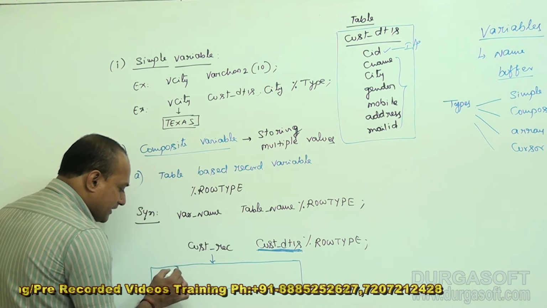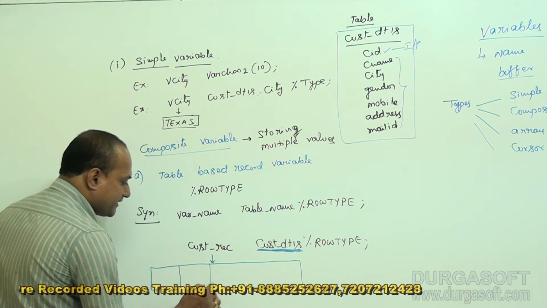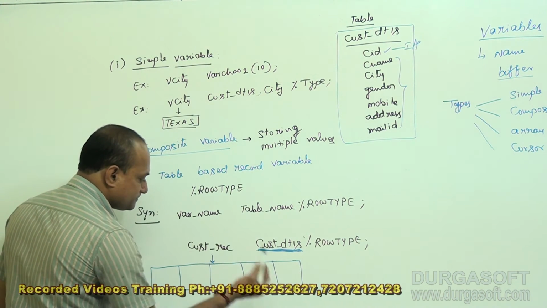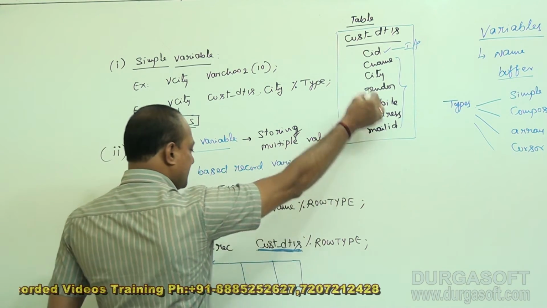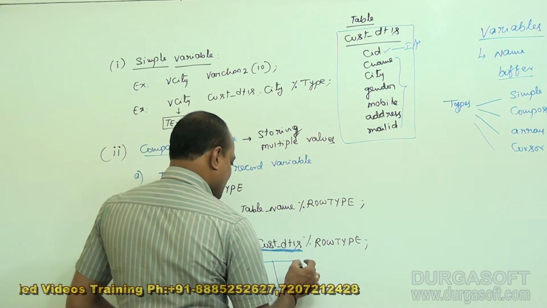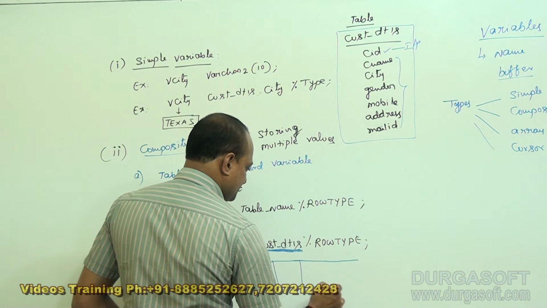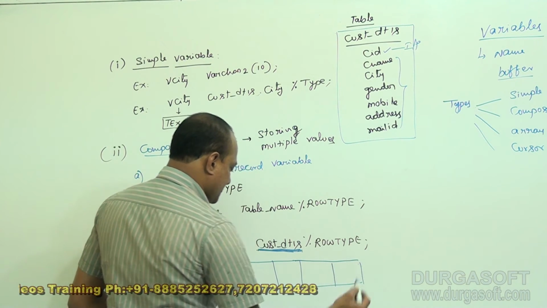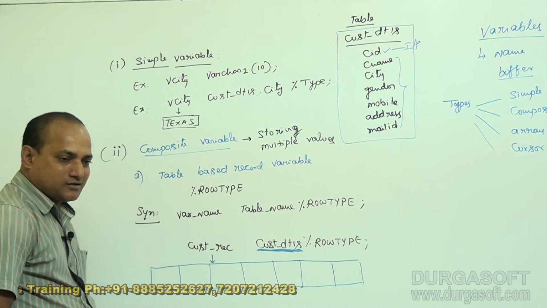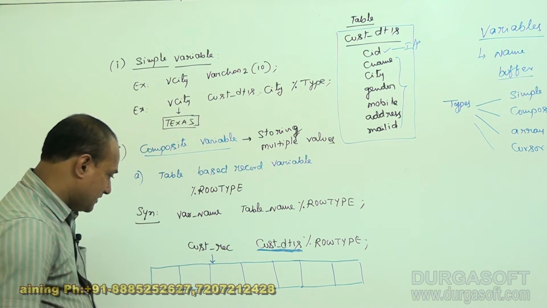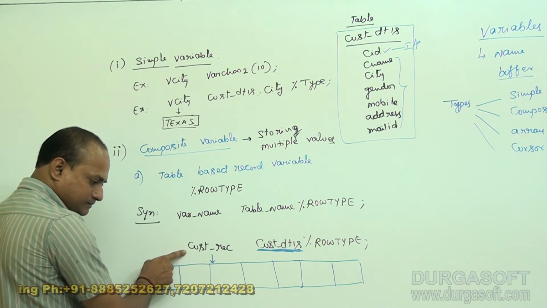That much length of memory is allocated to this variable. Here 7 columns are there, so 7 columns' length of memory is reserved for this variable.